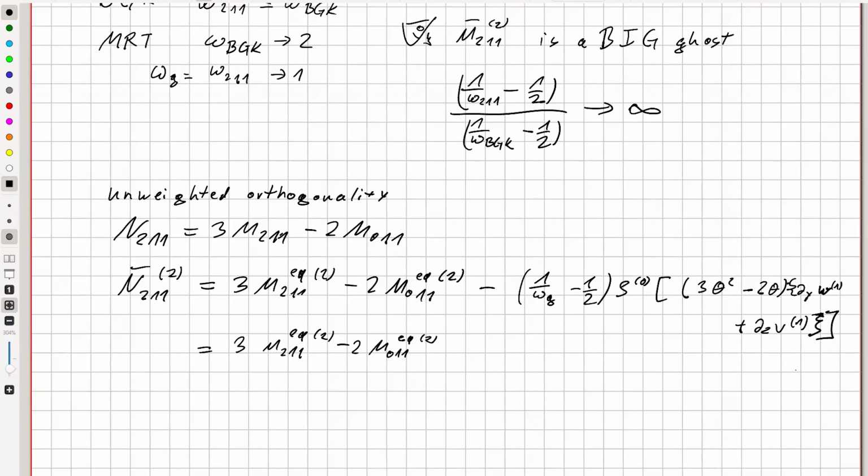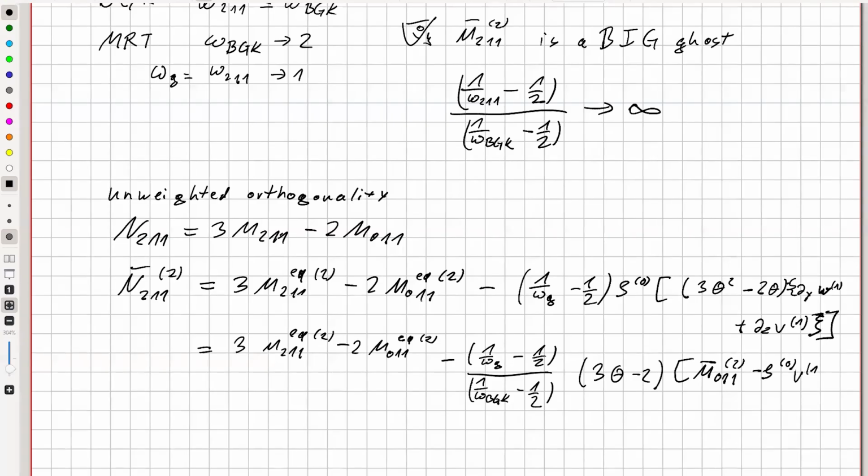And now this comes into 1 over omega g minus 1/2 divided by 1 over omega BGK minus 1/2, into 3 theta minus 2 M011 second order minus rho to second order v to first order w to first order.